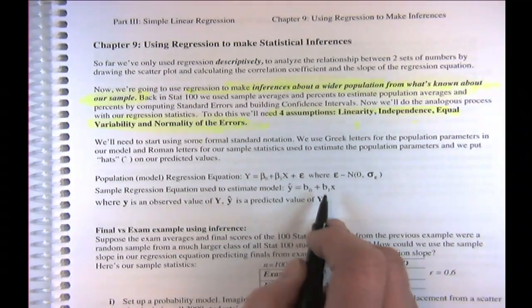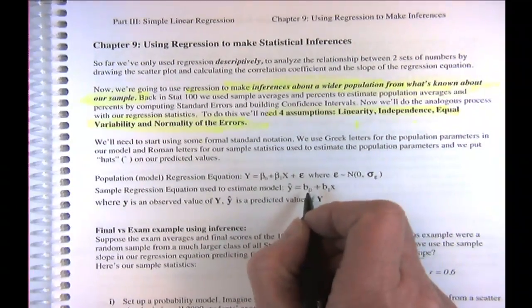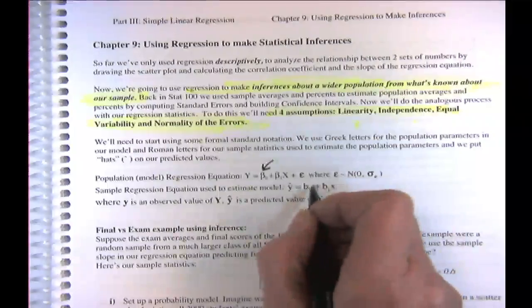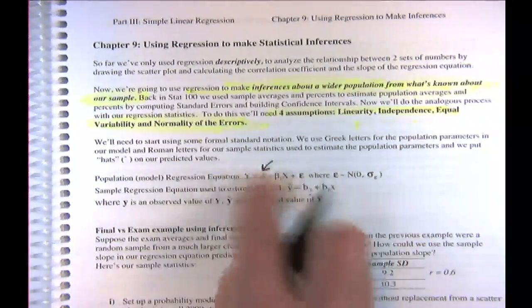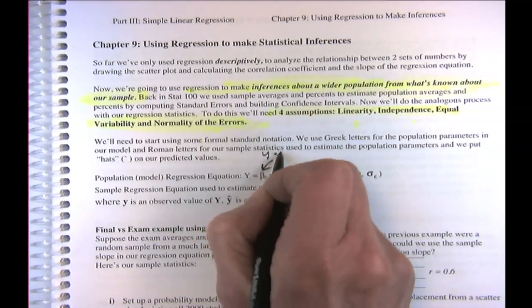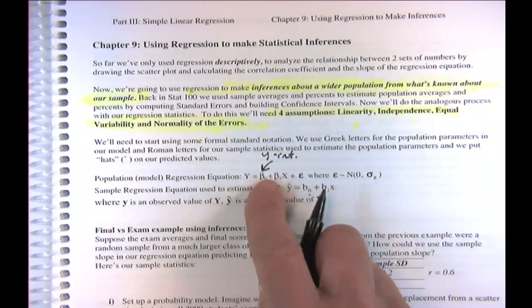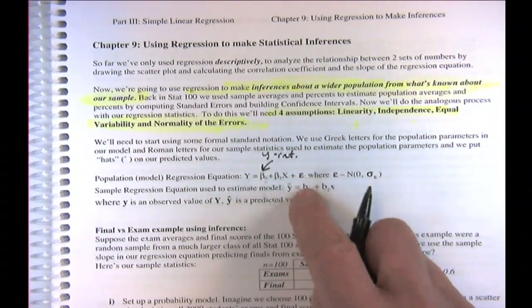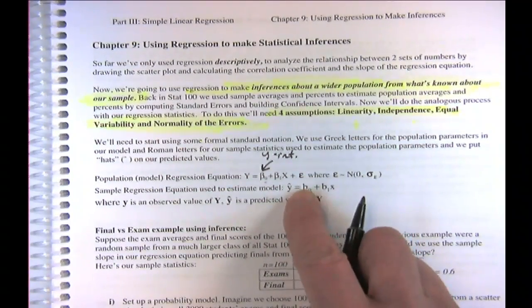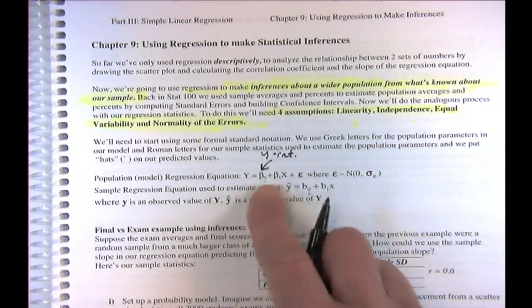Both of these, with the 0, are the intercepts, the y-intercept. It's called 0 because it has no x associated with it, so it's beta sub 0. For our sample regression, we just use the Roman letters, b0, or b naught, to estimate beta naught. That's your y-intercept.